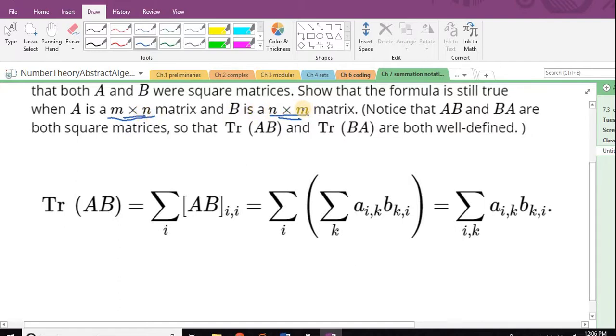So in that case, what are the dimensions of these sums? i runs from 1 to what, and k runs from 1 to what? That's the question. When I multiply the A and B matrices together, what values does k run between?